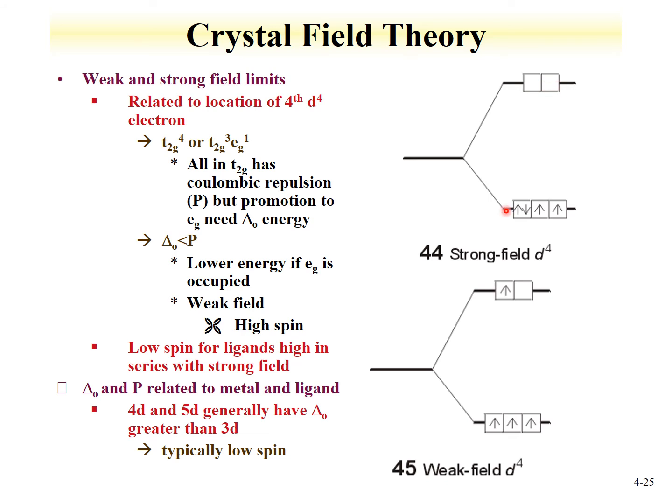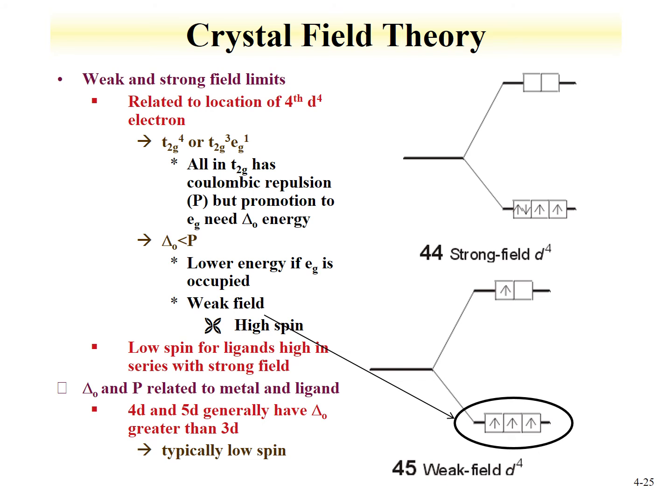We can either put all four electrons in the t2g, or if the energy difference from the t2g to the eg is relatively small, I can put 3 electrons in the t2g and 1 in the eg. These are described as weak fields, and in the weak field, I'm going to have all 4 electrons unpaired. So this is going to be a high spin. So the weak field is also called a high spin system.